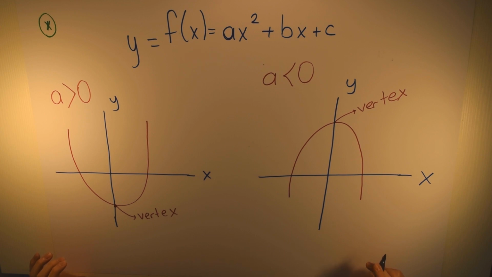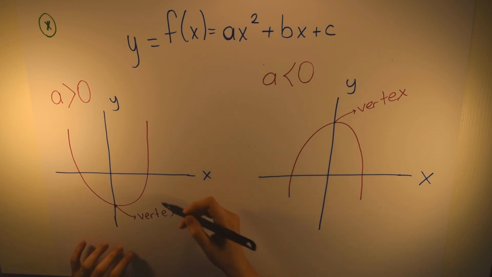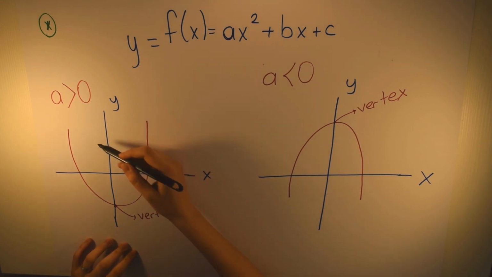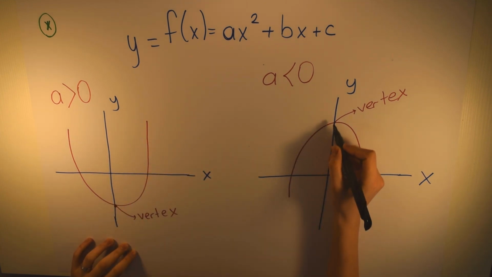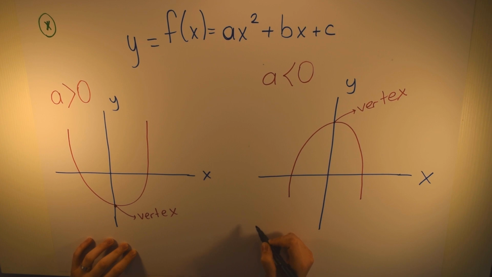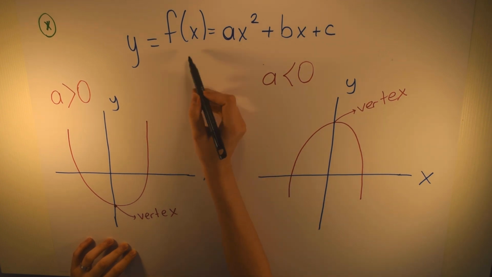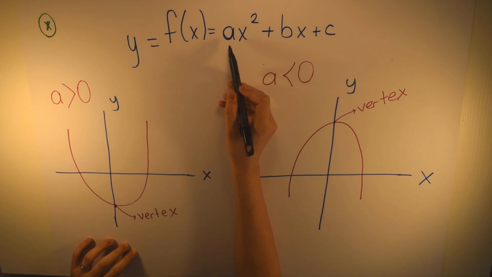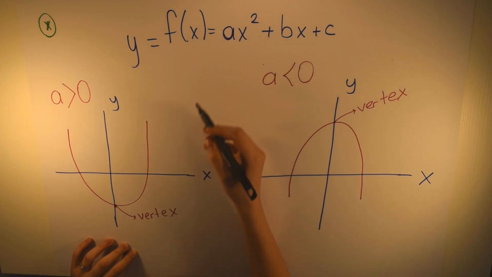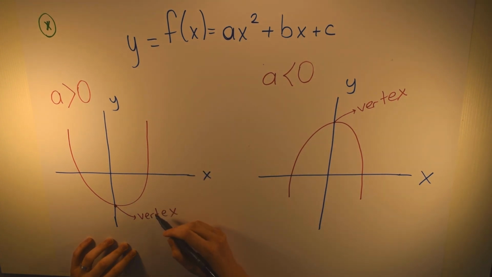So we said the vertex is where the parabola makes its sharpest turn, right? In this graph it's here, and in this graph it's here. If the coefficient of the x squared term, which is a here, is positive, the vertex will be the lowest point on the graph.